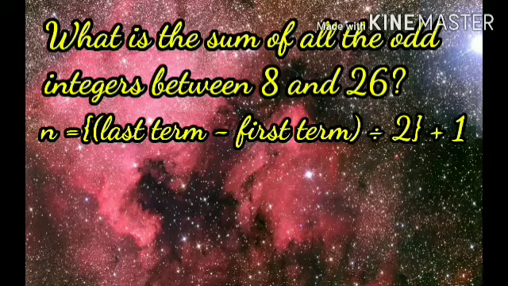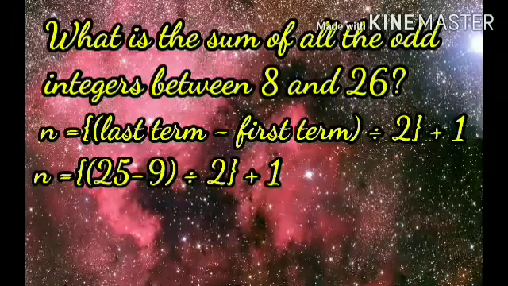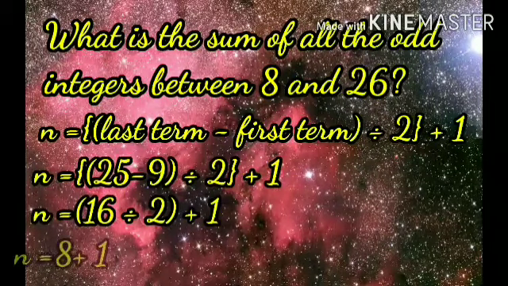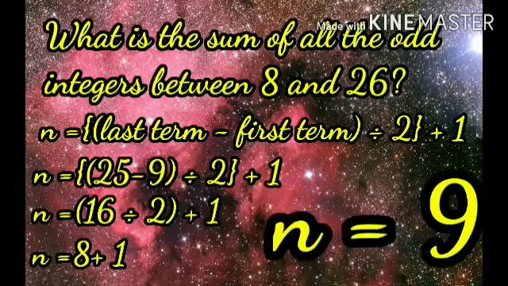By substitution, the quantity of 25 minus 9 divided by 2 plus 1. So 25 minus 9 is equal to 16, divided by 2 is 8, plus 1 is equal to 9. So the number of terms between 8 and 26, which are all odd integers, is 9.